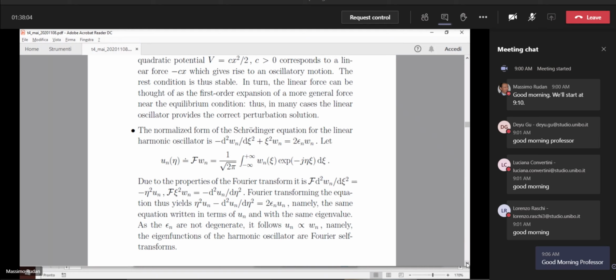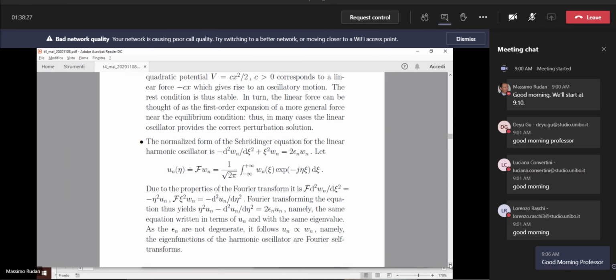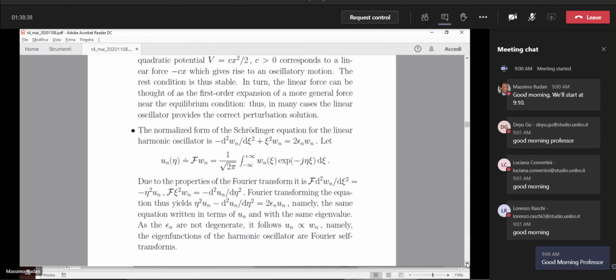So it happens that the Fourier transform of the Schrödinger equation for the linear harmonic oscillator is identical to the original equation. And also, the eigenvalue is the same because the eigenvalue is a constant, so it is not touched by the Fourier transform. So it is an eigenvalue equation in which the eigenvalue is the same as the original eigenvalue equation. Okay.